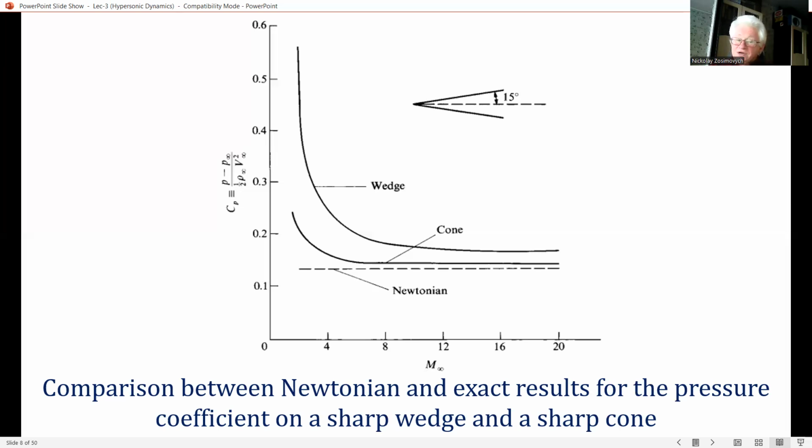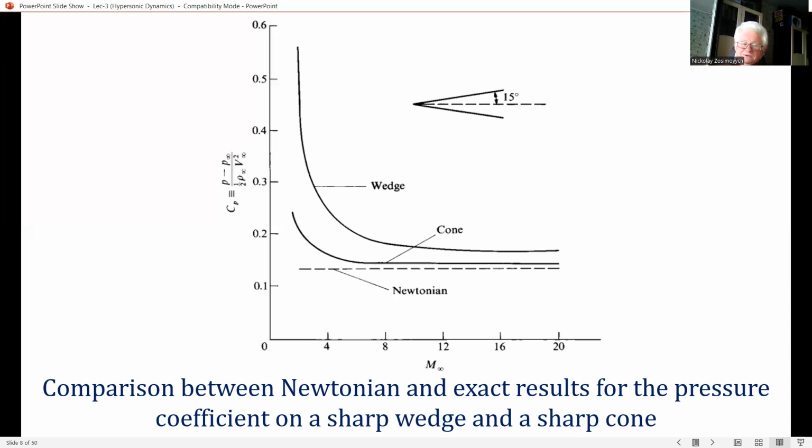Both sets of results are compared with Newtonian theory. In this case, we may say Cp is proportional to sine squared theta. I hope you remember we mentioned this equation a couple of minutes ago. Okay, so that is shown here as a dashed line in this diagram.